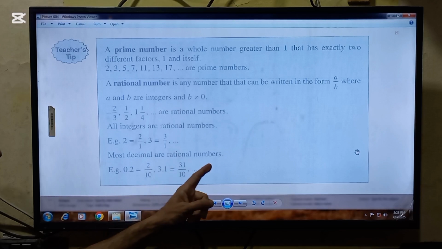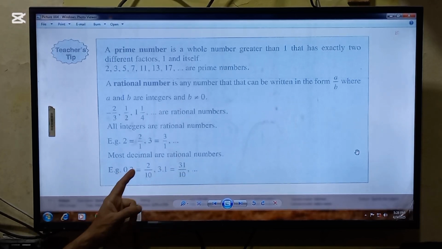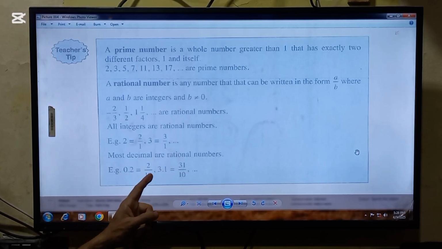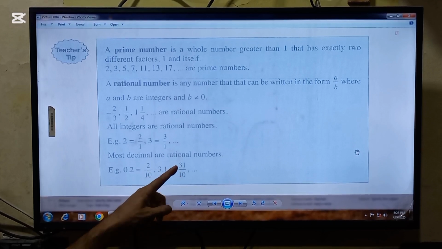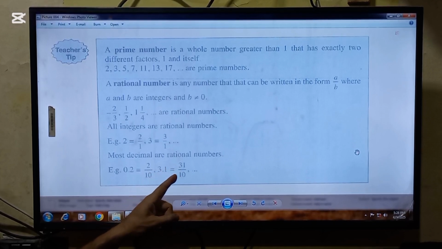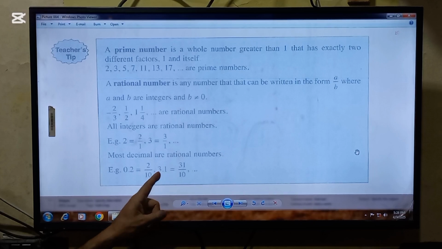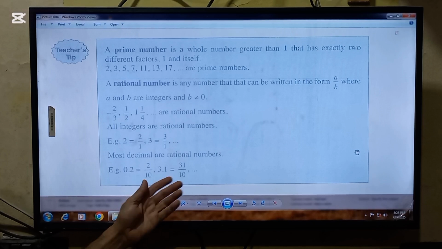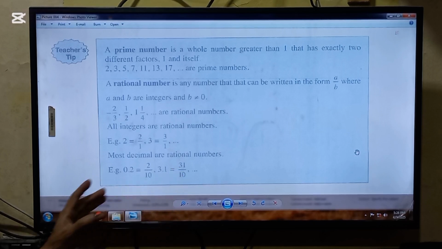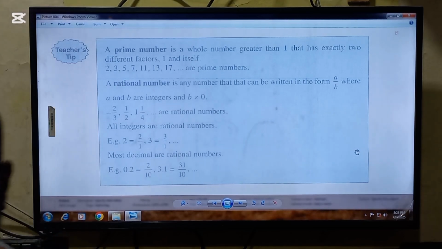Most decimals are rational numbers, like 0.2 can be written as 2 by 10, 3.1 can be written as 31 over 10, because when the point is removed, there is 1 digit after the point, so 1 0 will be written below. So 3.1 will be equal to 31 by 10. So all these are rational numbers.